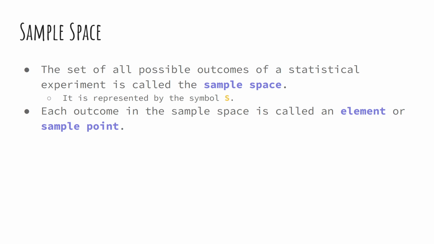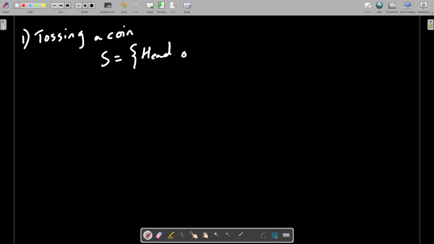Next, the second thing we can look at is rolling a die. First, I said we'll take tossing a coin. Here the sample space is either head or tail.